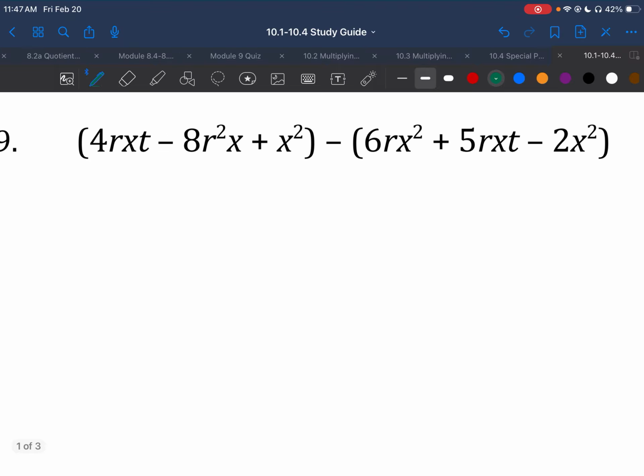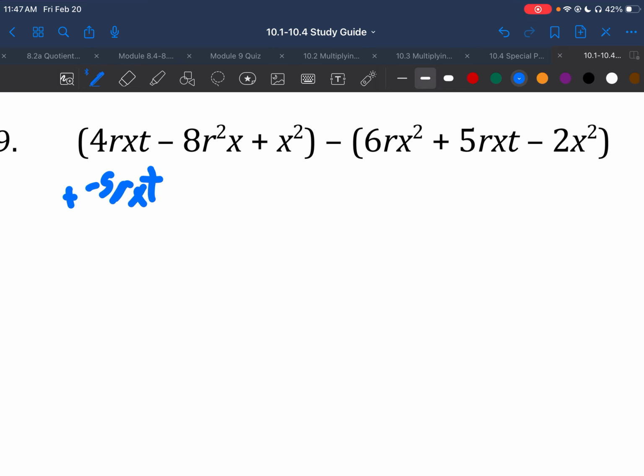Number 9, we're going to subtract again. So I need to line up my like terms in terms of what I have here. So I'm going to subtract 5rxt because we're doing subtraction. So we've got a negative 5rxt.